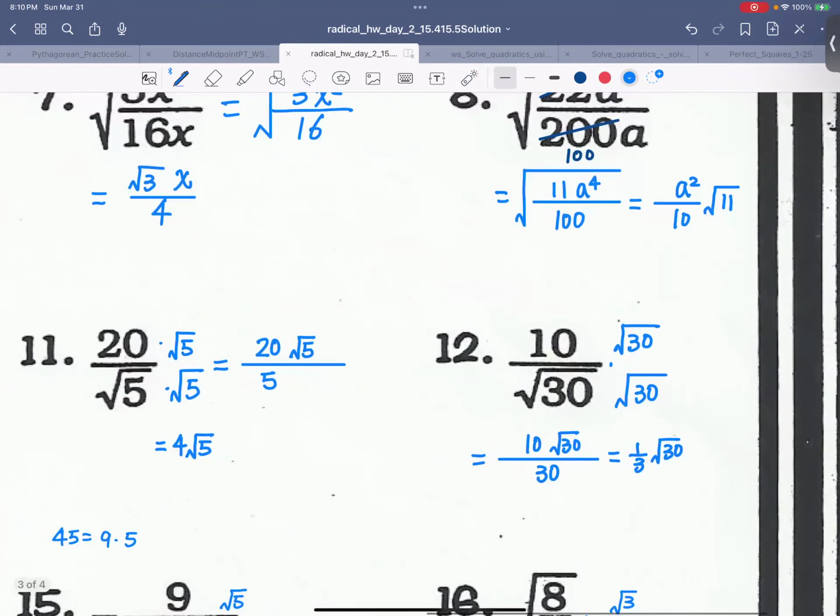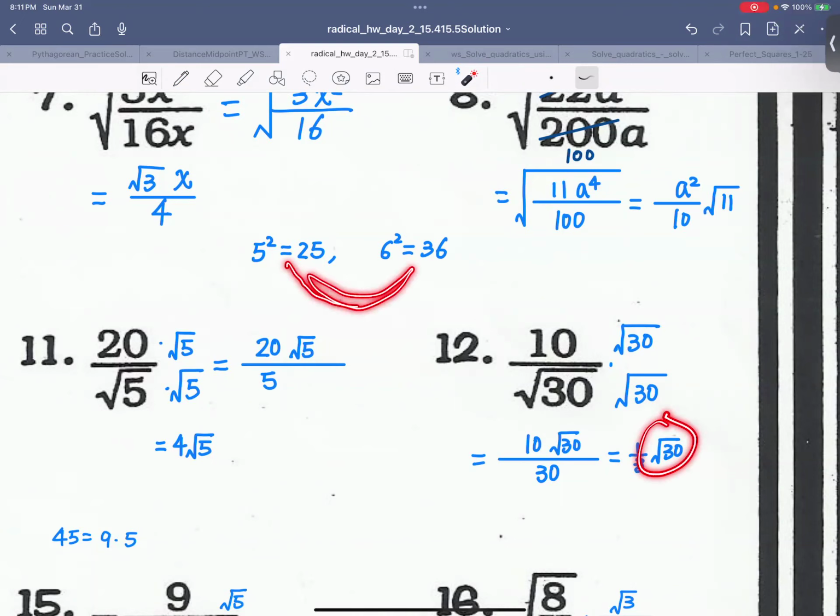So look, square root 30, the closest number is 5. Yes, 5 squared is 25. 6 squared is 36. So you have a 30. 30 is about half between, but it's closer to this side.